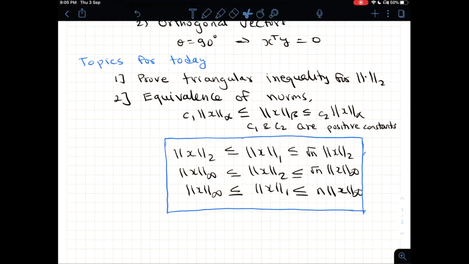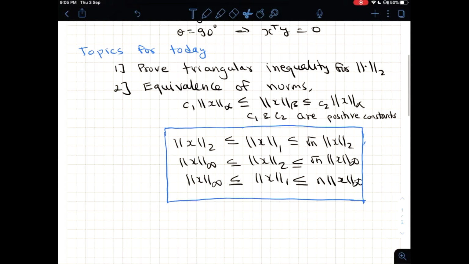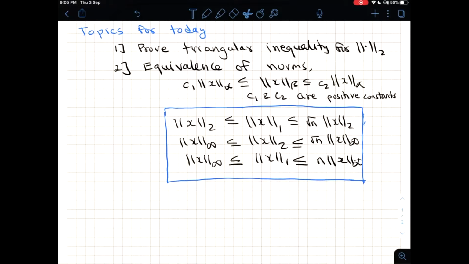What equivalence of norms means is that the beta norm of x is always bounded on the lower side by c1 times the alpha norm of x, and on the upper side by c2 times the alpha norm of x, where c1 and c2 are some positive constants.